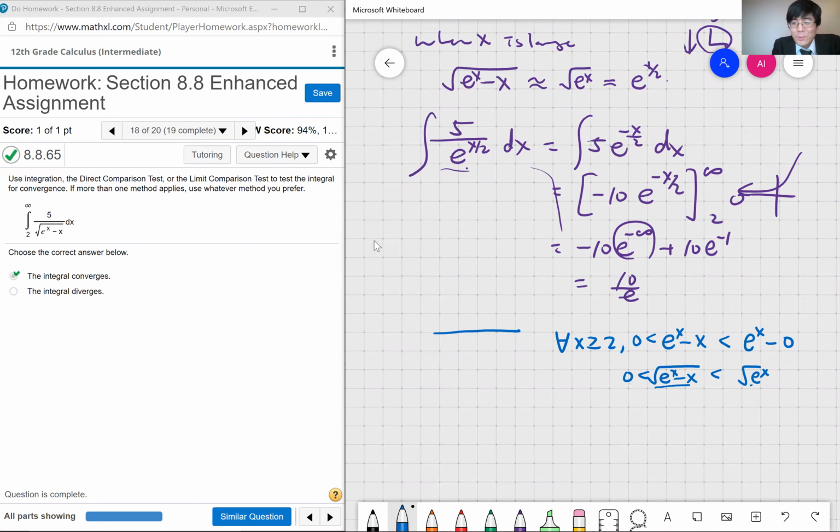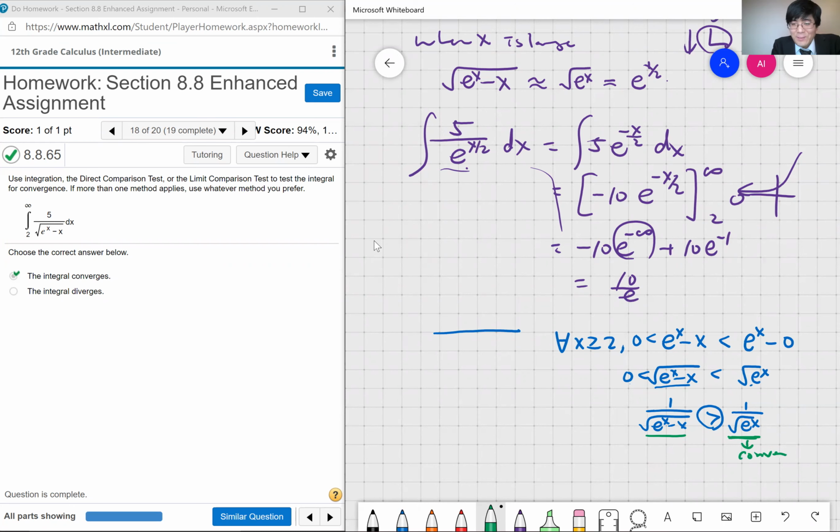So since these are positive, when you take a reciprocal, it's going to be something like this. And that's not really good, because we showed this is converging, but this is greater than that. So we are not really sure that this converges. Okay, that's something we don't want.